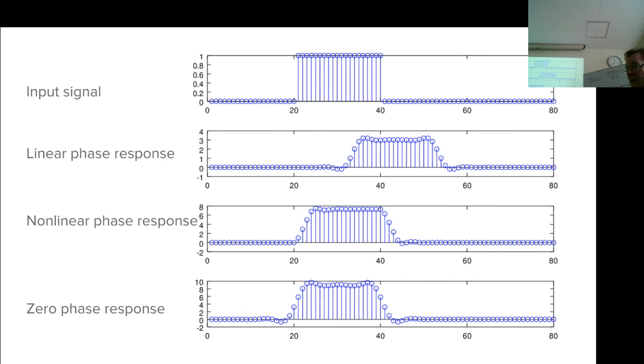If you have a linear phase response, then if you have a symmetric input on both edges, it comes out symmetric also in the output. That comes from this one. So all the frequencies are appearing at the same time. So there are no surprises on either edge. Okay.